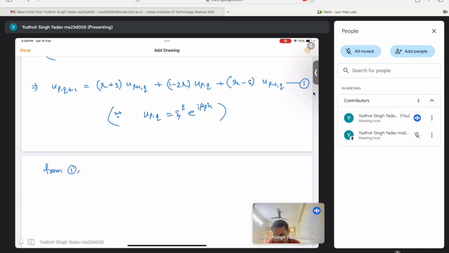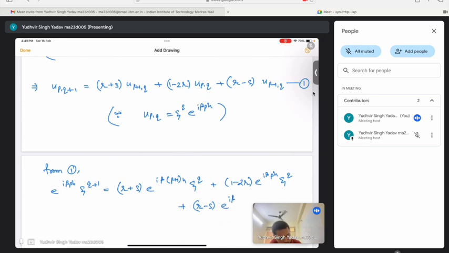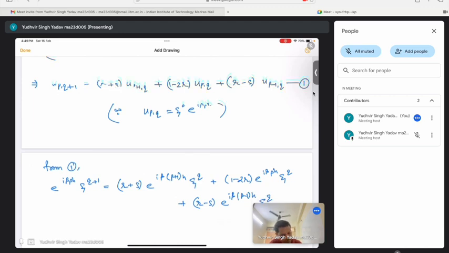Substituting this in 1, we get e to the power i beta ph xi to the power q plus 1 equals (r plus s) e to the power i beta (p plus 1) h xi to the power q plus (1 minus 2r) e to the power i beta ph xi to the power q plus (r minus s) e to the power i beta (p minus 1) h xi to the power q.